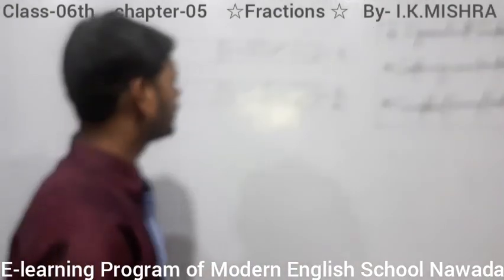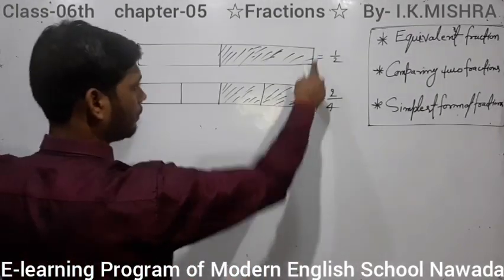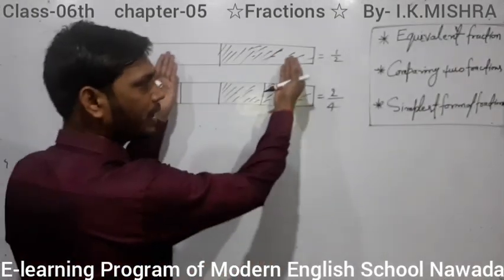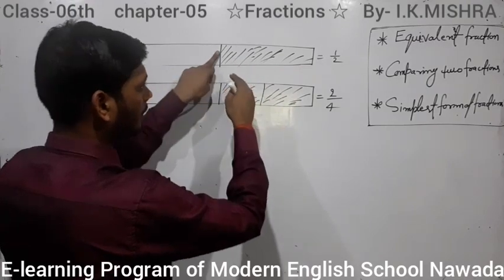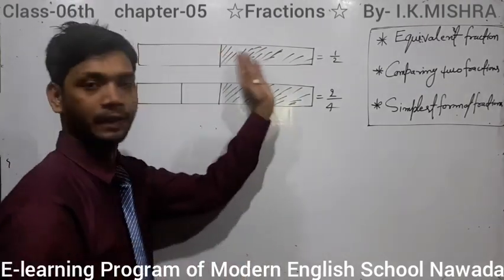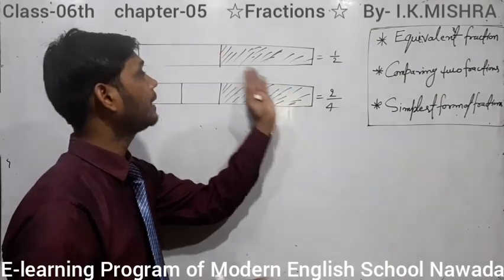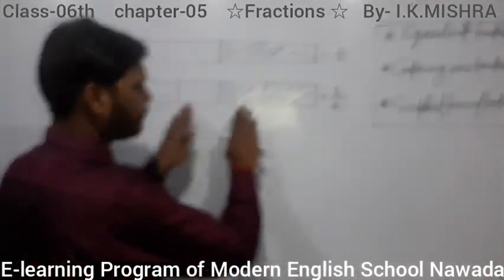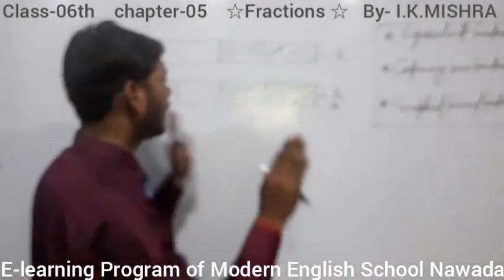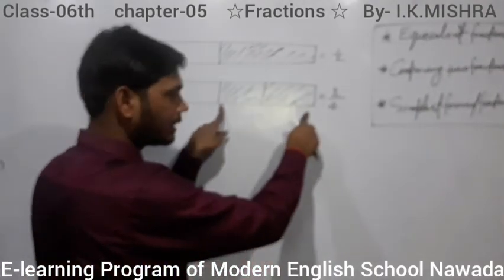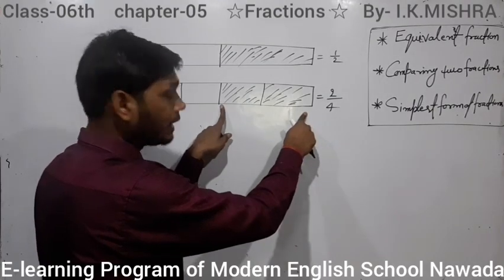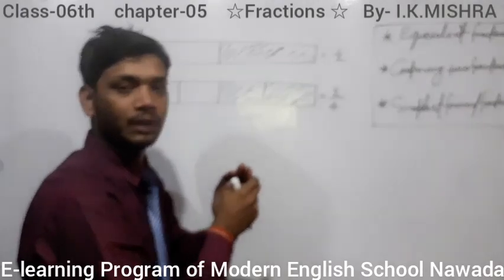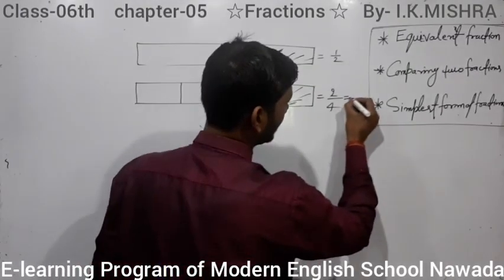Here you observe, both rods are equal in size. One is divided into two equal parts with one part painted. The other is divided into four equal parts and two parts are shaded, painted. Then you observe both painted parts are equal, and it can also be written as 1 by 2.